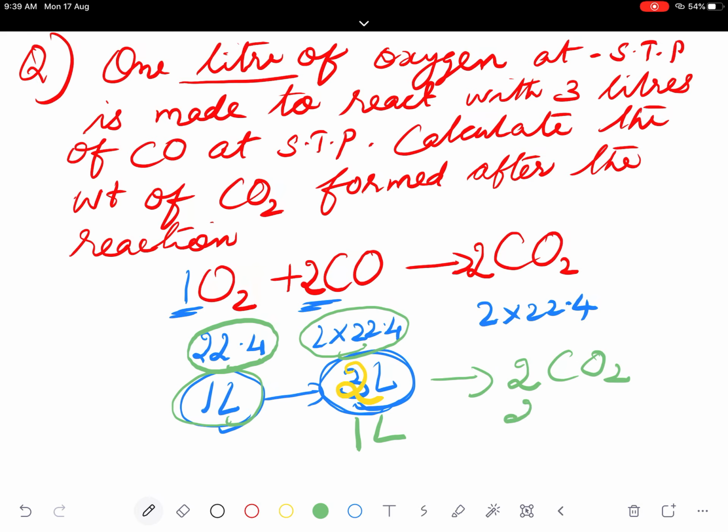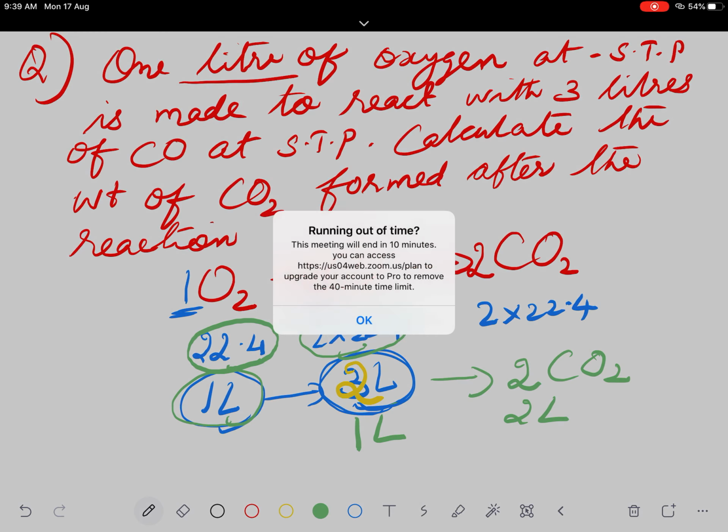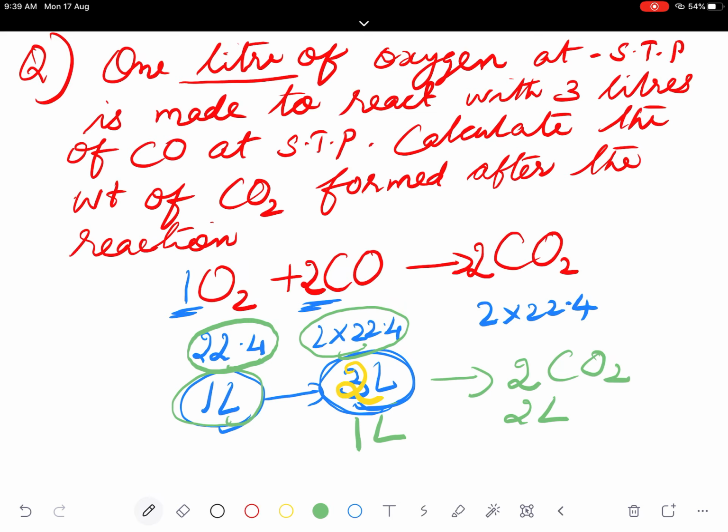They had given 3 liters, but only 2 liters of CO will be used according to the balanced chemical equation. So when 2 liters of CO is used up, 2 liters of carbon dioxide will be formed. Now, what is the weight of 2 liters of carbon dioxide at STP?